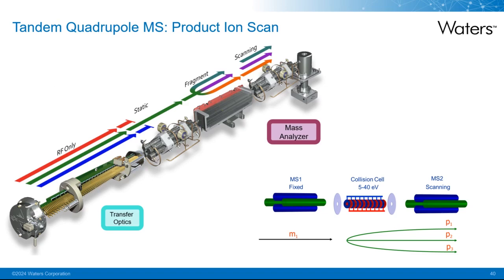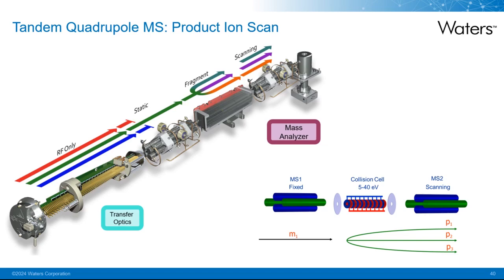So the voltages on the first quadrupole are static, passing a selected ion of interest into the collision cell, and a voltage is applied in the collision cell to accelerate the ions into the collision gas. It's typically argon that's the gas used in collision cells, and it results in fragmentation of that particular ion.